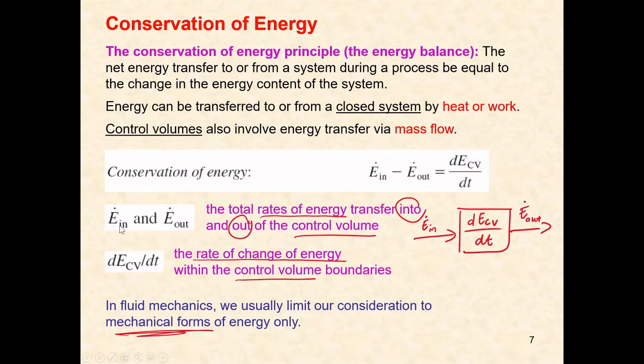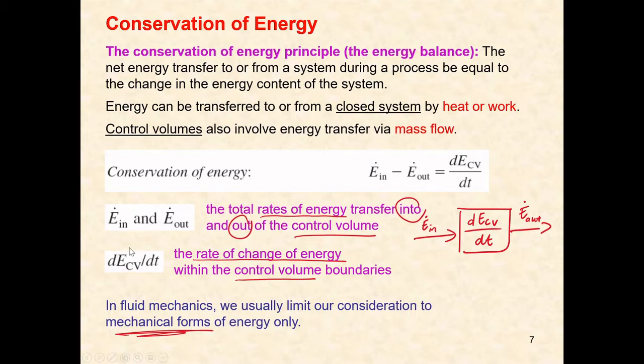Alright, so here E in is the rate of energy transfer into, and E out is the total rate of energy transfer out of the control volume. CV is the control volume and E is energy.